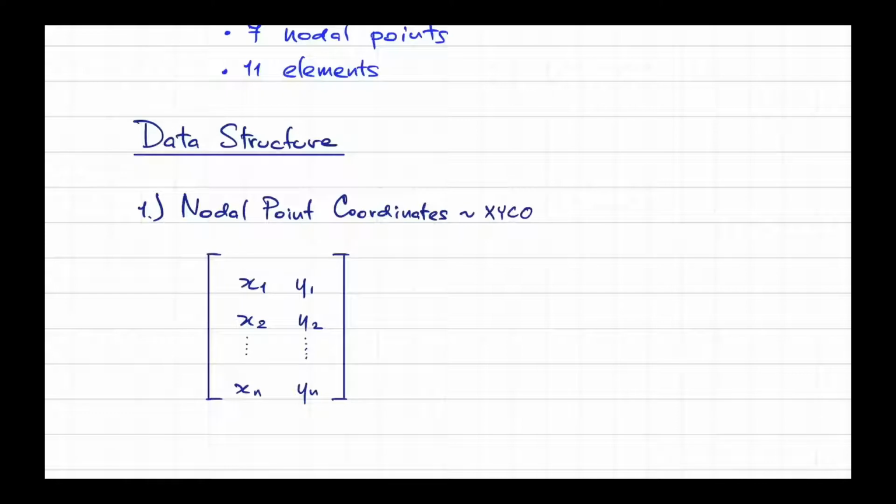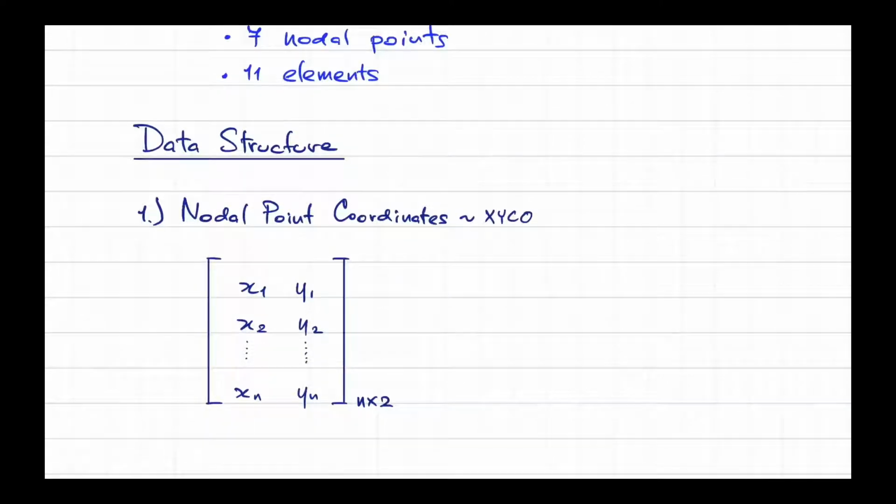So this is n by 2 columns. First column is associated with x, second column is associated with y, and you have in total n rows.